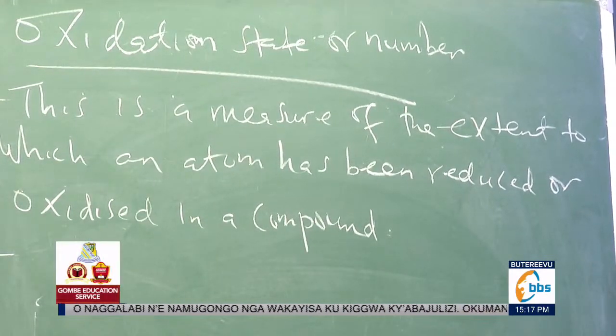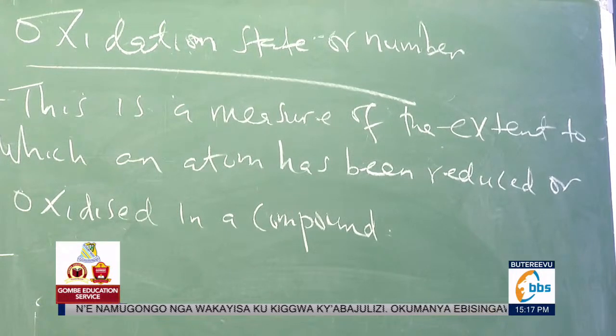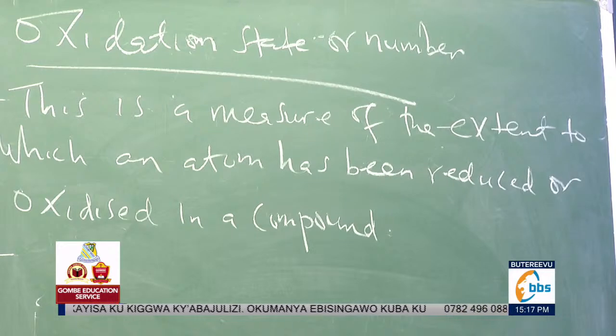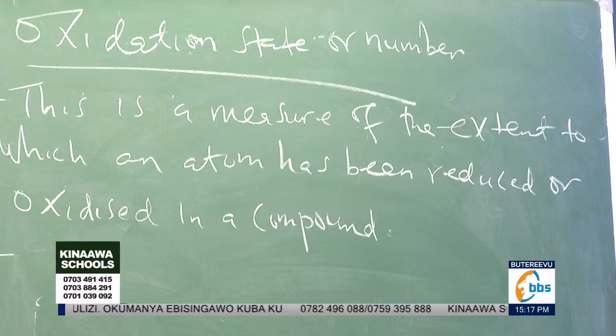That's the definition of oxidation state or number. It is the measure of the extent to which an atom has been reduced or oxidized in a compound. Now we can give an example of iron.